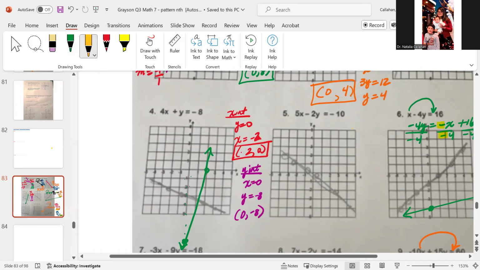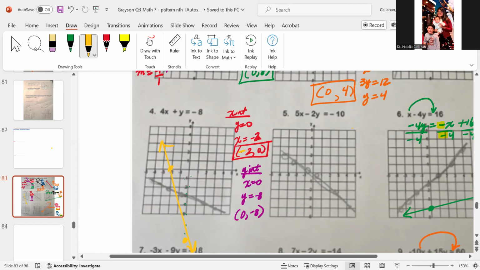Make the correction for number 4. Did you make the corrections? Negative 2. It is negative 2. My pen stopped working. There we go.